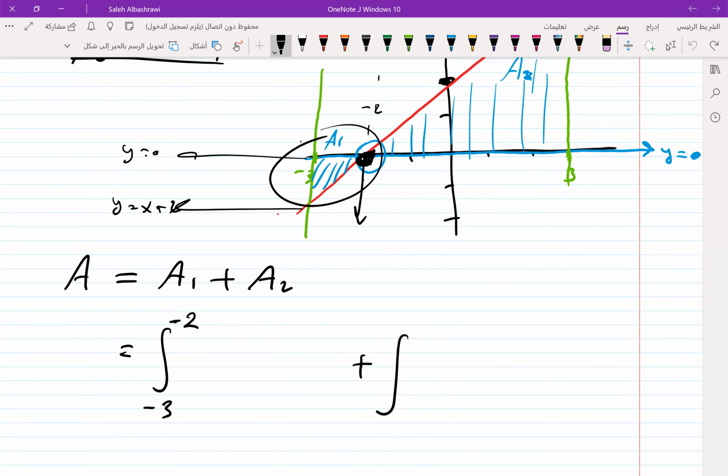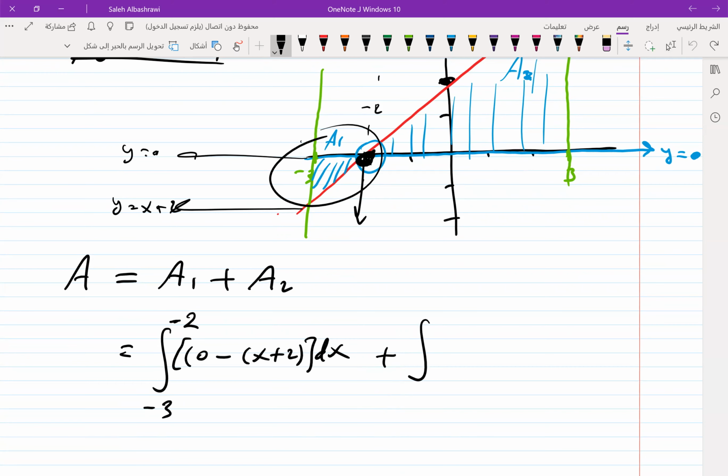The upper function is 0, the lower function is x plus 2, dx. See? In the first area, the upper function is y equal to 0 and the lower function is y equal to x plus 2. So it is the upper minus the lower, 0 minus (x plus 2).